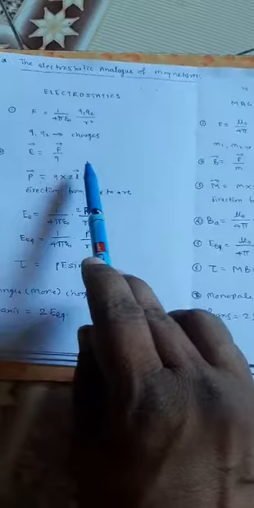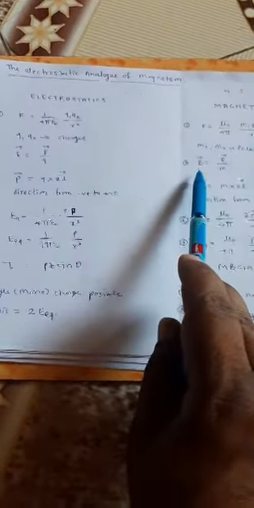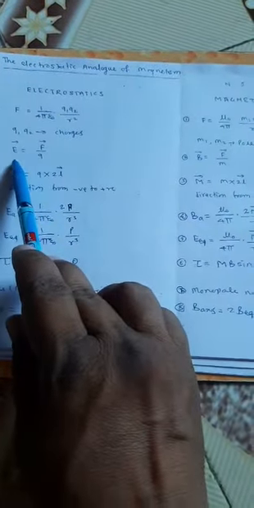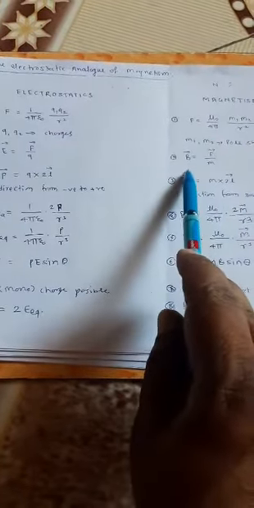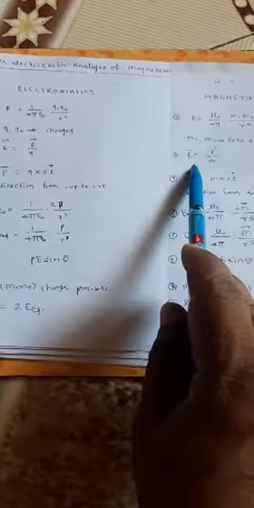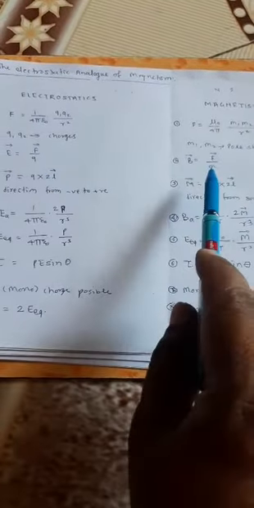In this case, electric field is analogous to the magnetic field. In electrostatics, electric field is denoted by E, and in magnetism, magnetic field is denoted by B. Therefore, it is given by F divided by m. Here q is analogous to m. Here q is the charge, m is the magnetic pole strength.